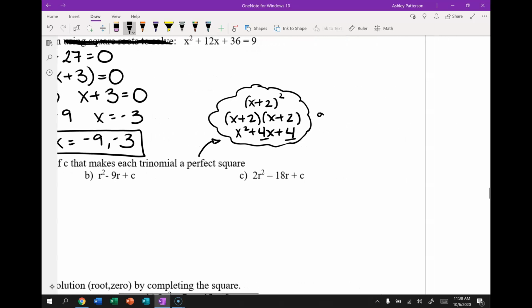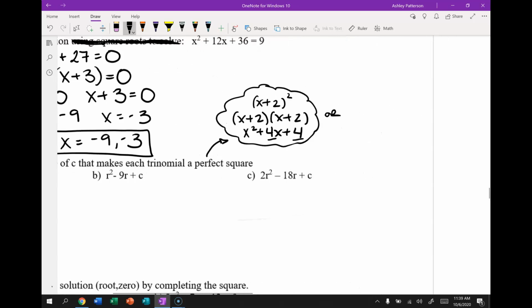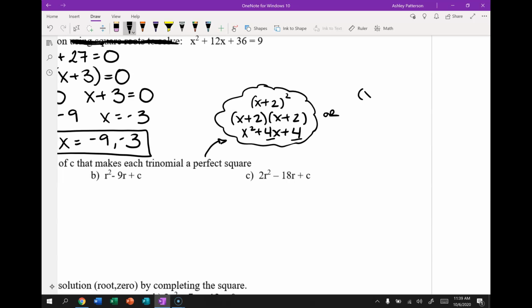Okay, what about this one? Let's do one that isn't so much. Okay, what about x minus 5 squared? Well, that leaves us with x minus 5 times x minus 5. If we multiply it out, we get x squared minus 10x plus 25.